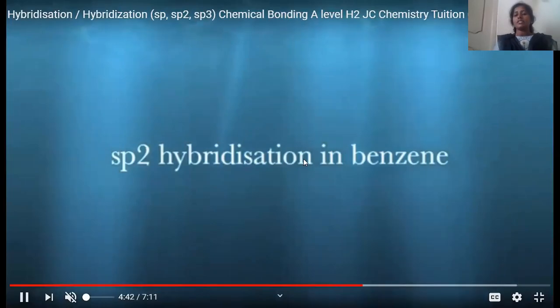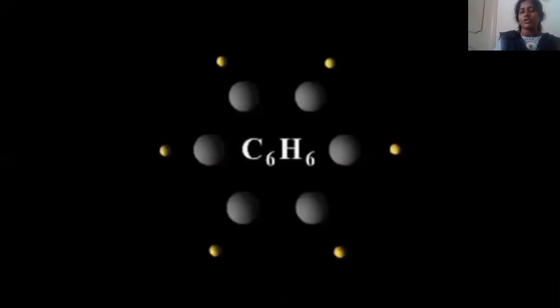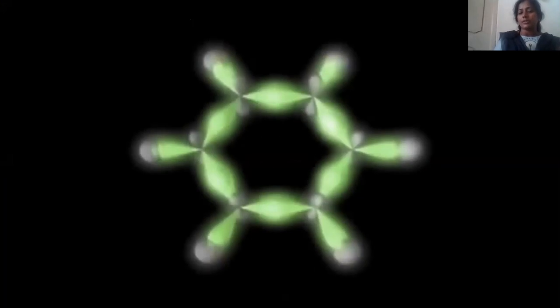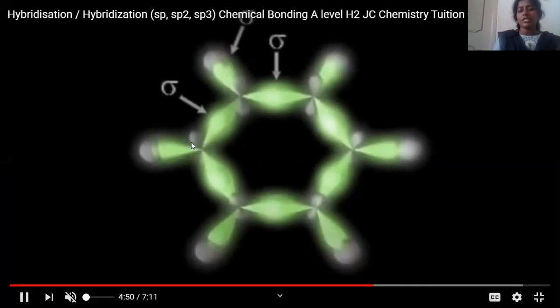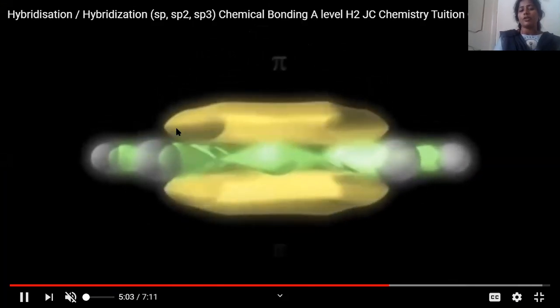When we are taking benzene, benzene is also another simple example for sp2 hybridized orbitals. Each carbon is sp2 hybridized. So that's why it contains sp2, sp2, sp2. 3 sp2 hybridized orbitals are present. That's why 3 sigma bonds it is able to form. And apart from that, one pz orbital will be there on each carbon atom.